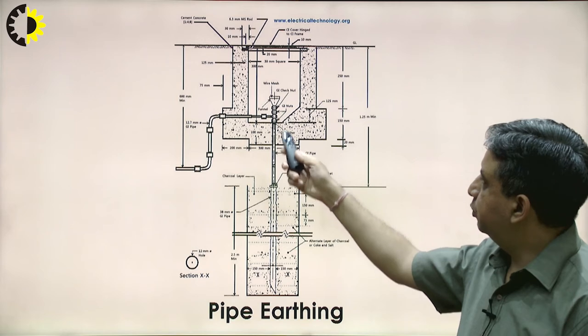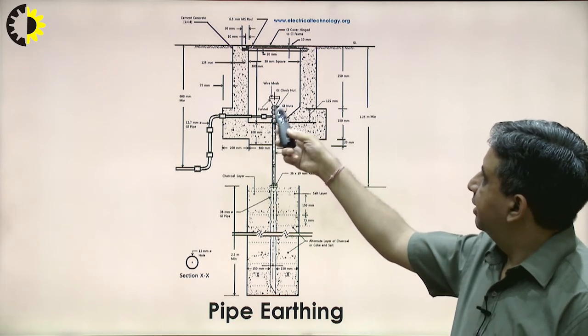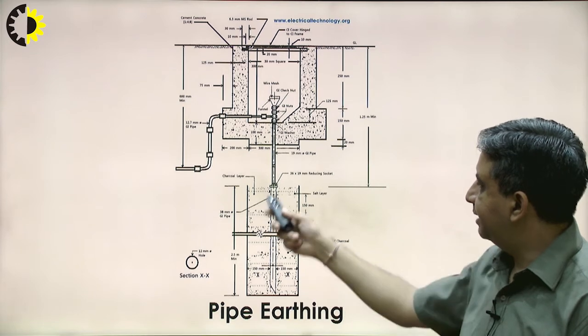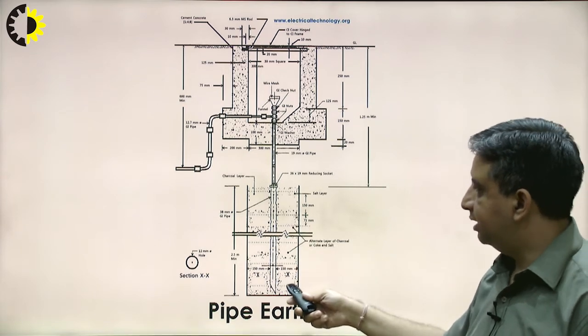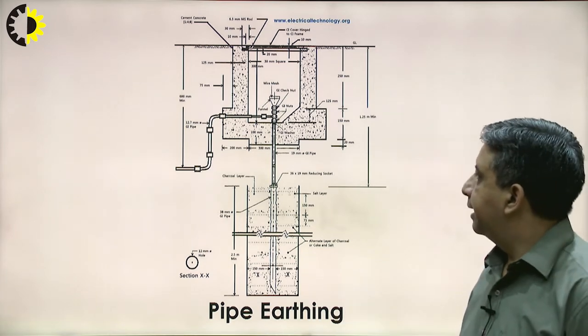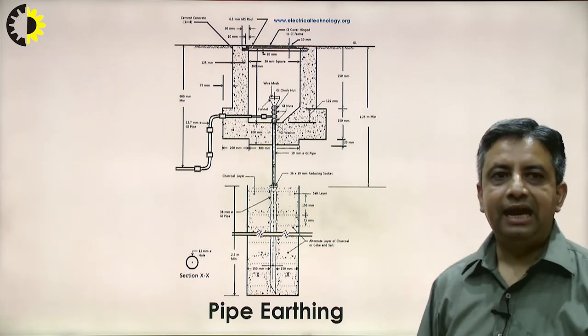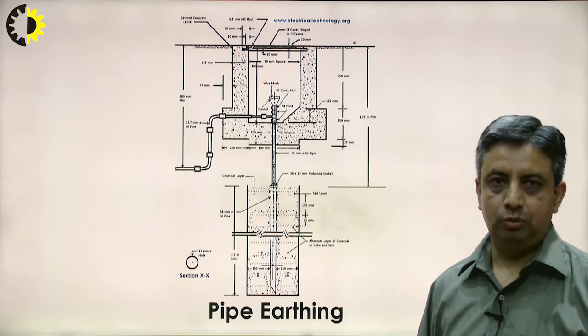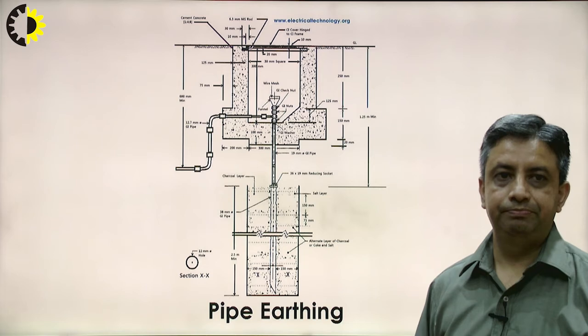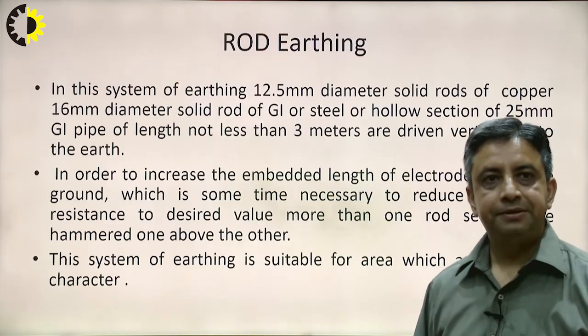From time to time we will pour some water into this pipe, and this pipe again is embedded in the coal and salt mixture. So the moisture will be maintained and the resistance will be kept low. The resistance should be kept as low as 1 ohm in this particular case.